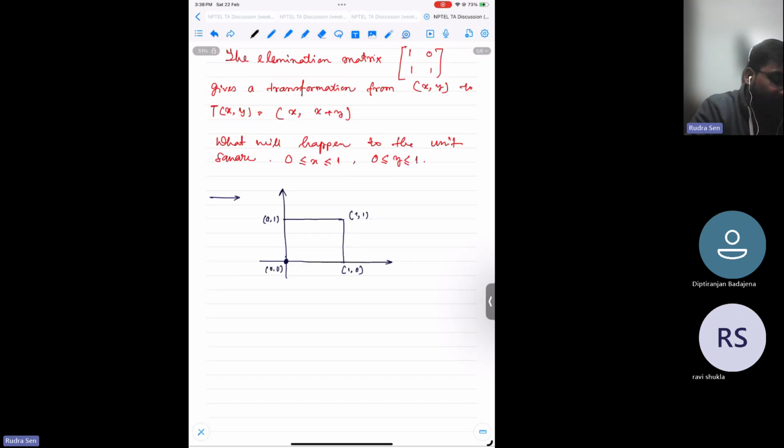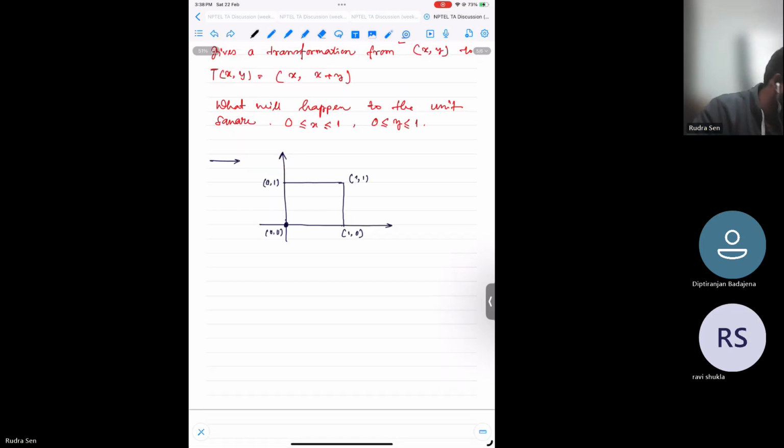What will happen if we do this transformation? Let's say T of x, y. So (0, 0) will remain (0, 0), right? According to this transformation logic, (0, 0) will remain (0, 0).